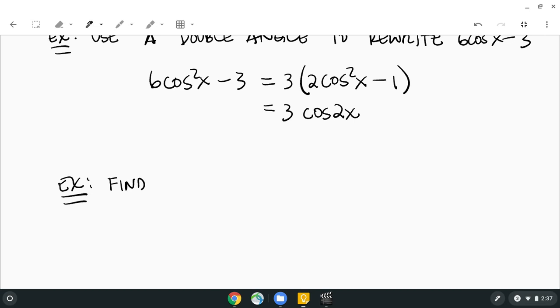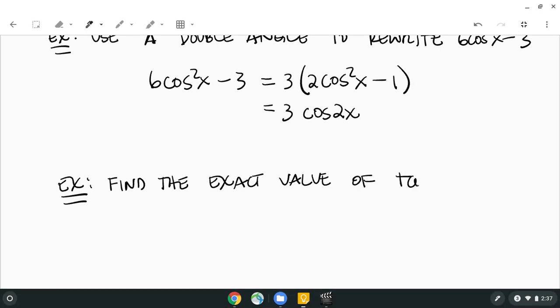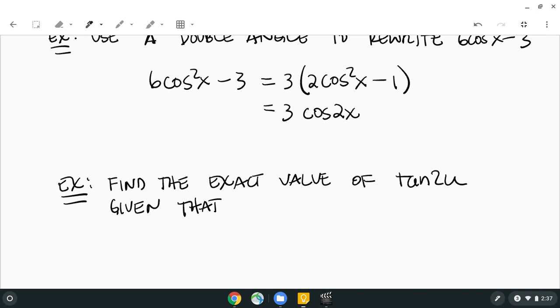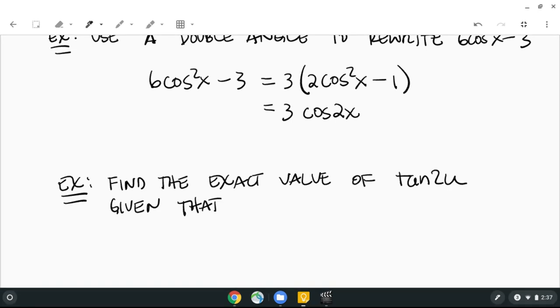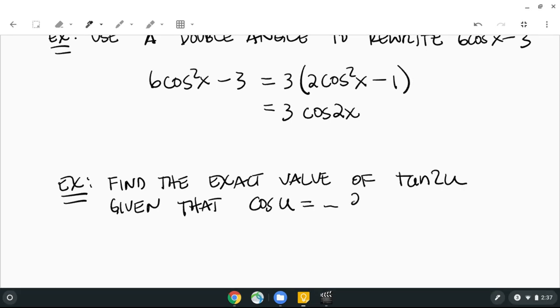Find the exact value of tangent 2u given that cosine u equals, I'm going to put the negative right in the middle so you don't know which number is negative, the 2 or the 3.